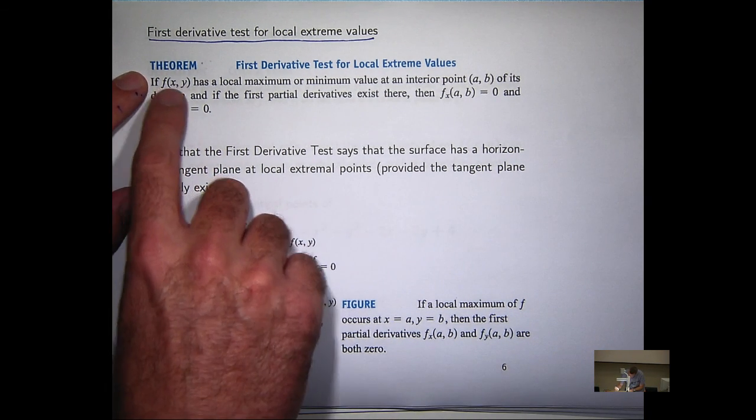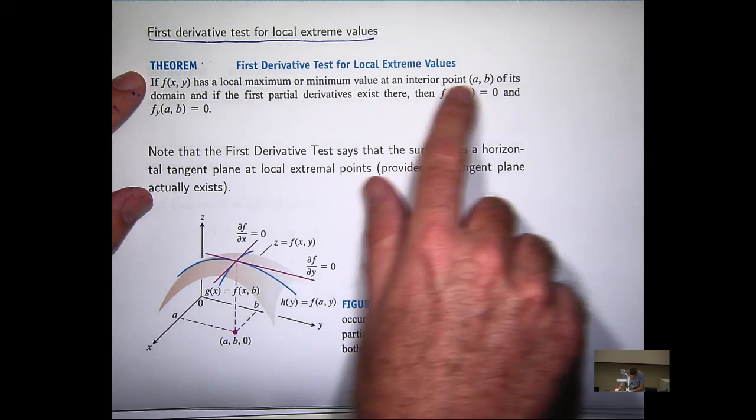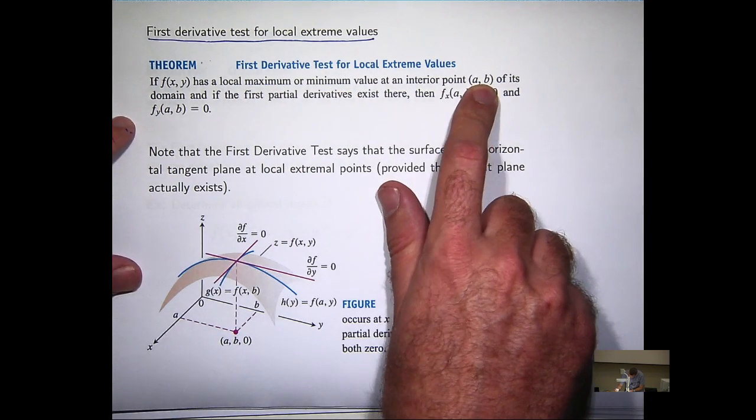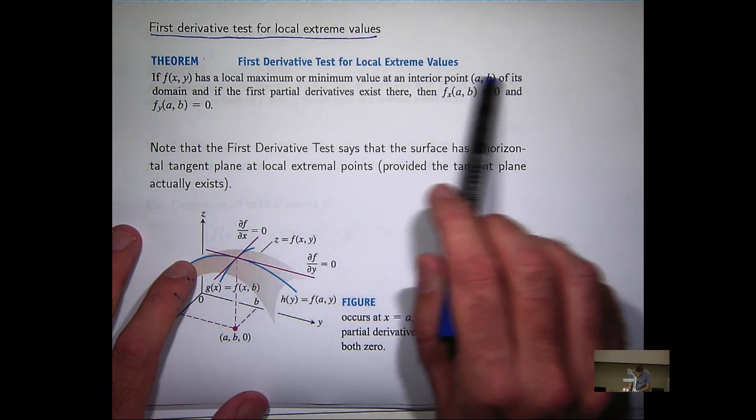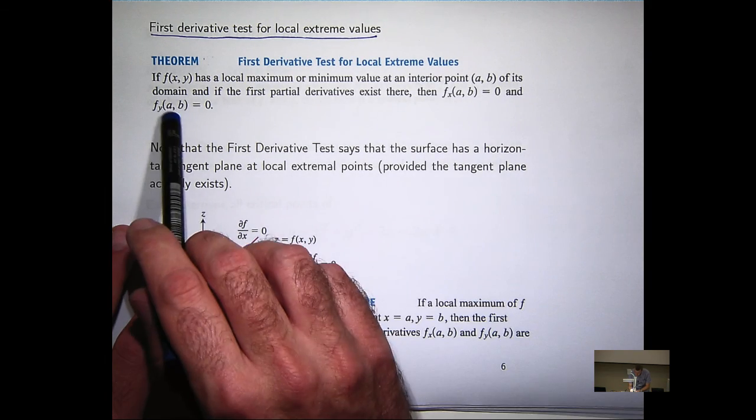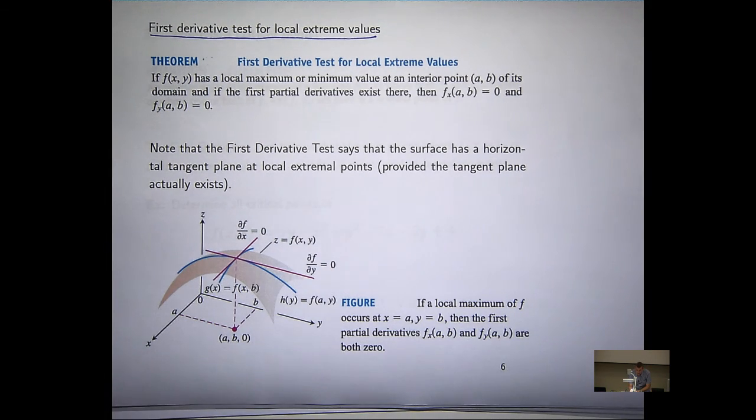Suppose that we know f has a local max or minimum value at some point (a, b) in the interior of its domain. In addition, let's assume that the first partial derivatives of f exist at that point. Under those conditions, this derivative and this derivative at the point must be 0.